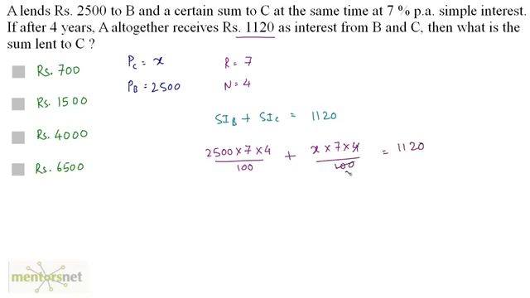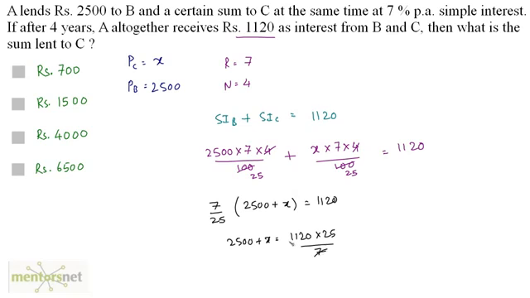So 4 times 25 is 100. Here also 4 times 25 is 100. Now take 7 by 25 common. So inside the brackets we have 2500 plus X is equal to 1120. Therefore 2500 plus X is equal to 1120 times 25 divided by 7.